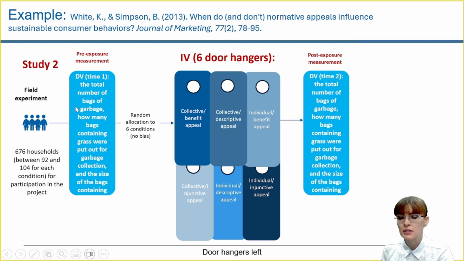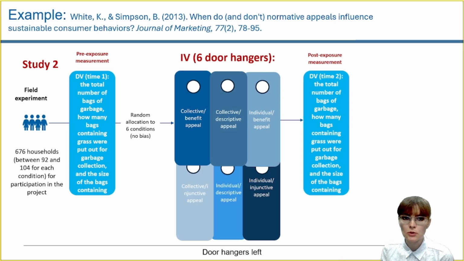In this paper, this was one of their second studies. They wanted to see whether the intervention which they designed, in the form of door hangers which they left at households' doorsteps or in mailboxes, actually changed the behavior.